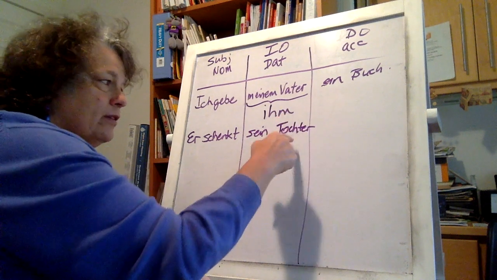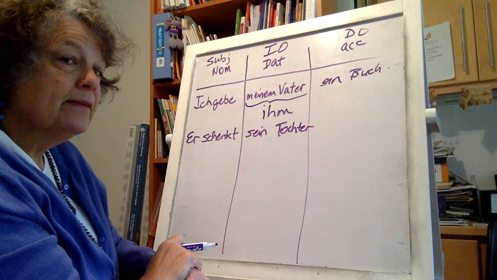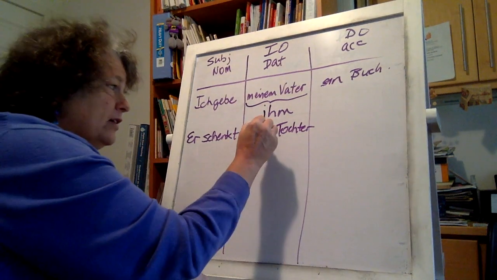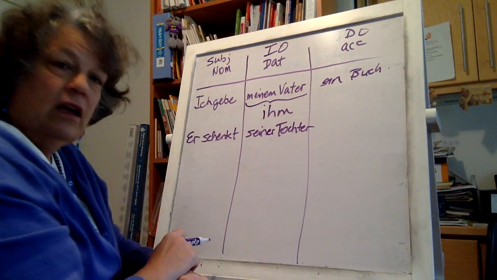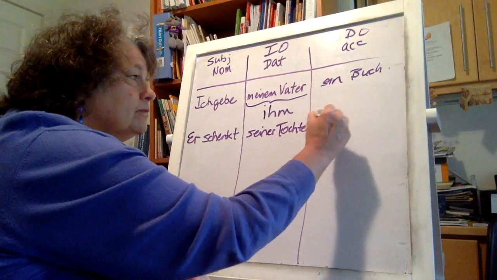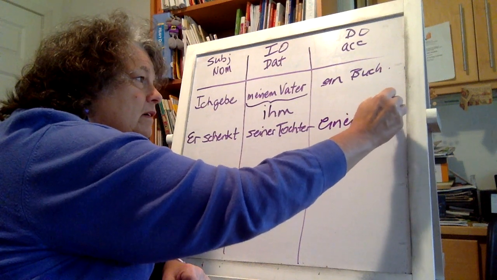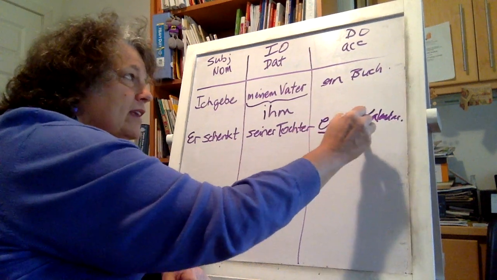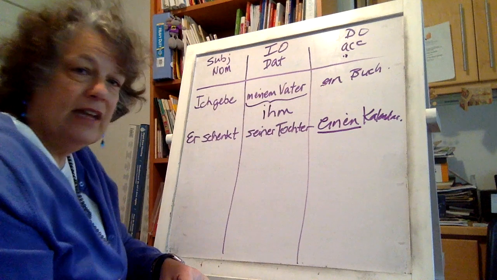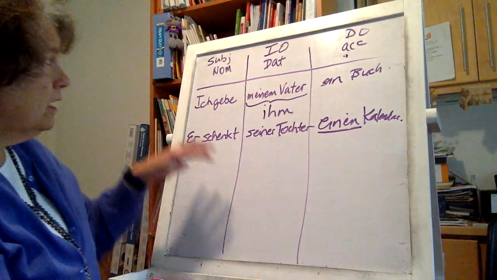The gender of daughter is die. So the dative of die, if you look on the chart, is der. So here's the ER. Okay, and what are we going to give her? A calendar. Okay, remember this, because it's the accusative, the der changes to den, so that en has to be there.